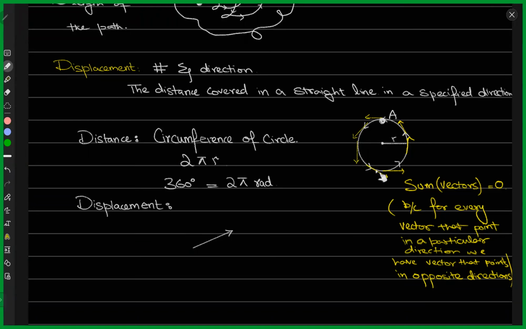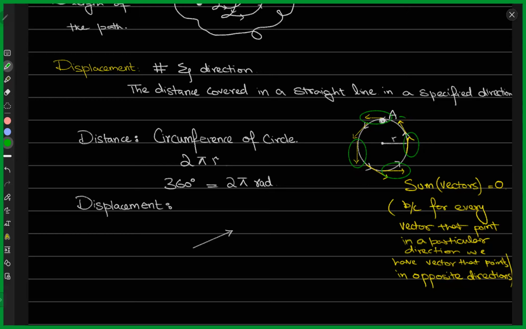So when you have all of these vectors on this circle, let me use this color. If you look at this vector and this one, they both point in opposite directions. So when I add these two vectors together, they sum up to 0. Similarly, this vector and this one are the same, but they point in opposite directions, so they add up to 0.